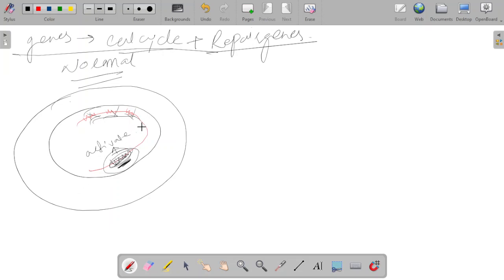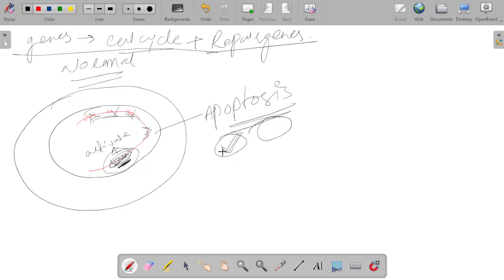Then another group of genes, related to apoptosis, comes into play. Actually, there are two kinds of genes, anti-apoptotic genes and pro-apoptotic genes.